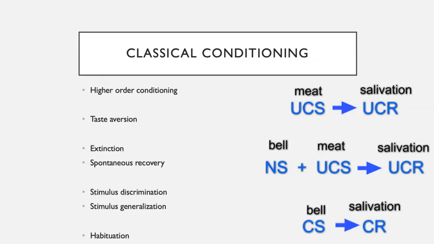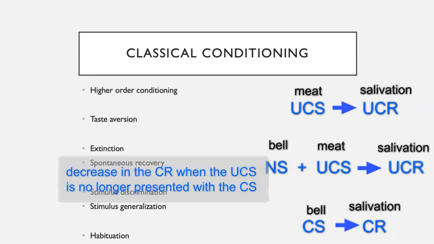Okay, so for the next thing, extinction and spontaneous recovery. What happens is that for extinction, the definition for extinction is a decrease in the conditioned response when the unconditioned response is no longer presented with the conditioned response.